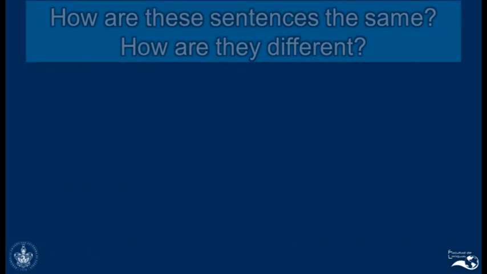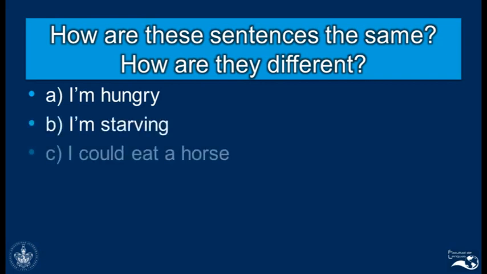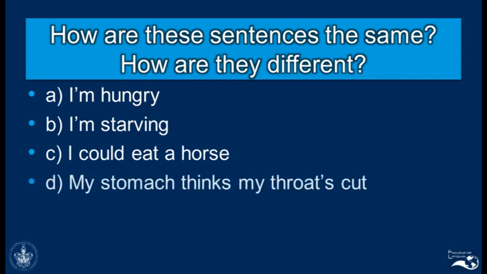So once we know that the combination of the meanings of the words will be part of the meaning of the new sentence, and that we know that sentences could be ambiguous, let's look at another semantic phenomenon that could happen here. Let's read these sentences. I'm hungry, I'm starving, I could eat a horse, or my stomach thinks my throat is cut.